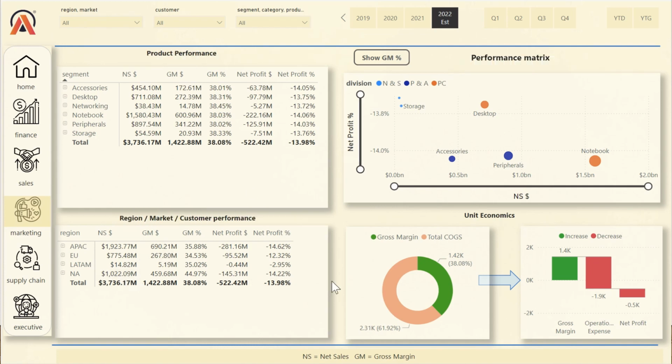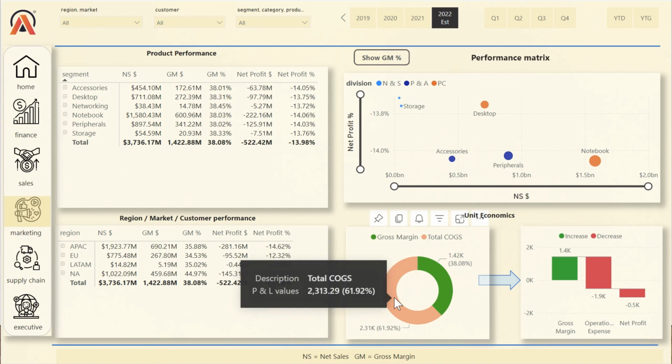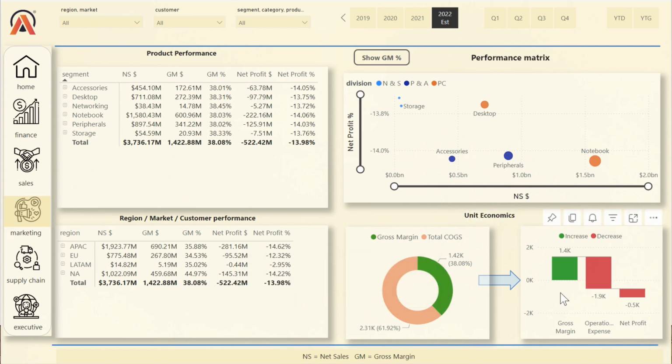So if we come here to this one, this is the distribution based on region basically, and this is the donut chart. In here it's showing gross margin and total costs. Total costs as always is very high, and this is a waterfall chart. Here you can see gross margin is indicated by the green color.